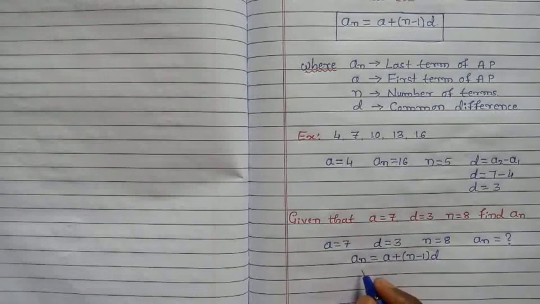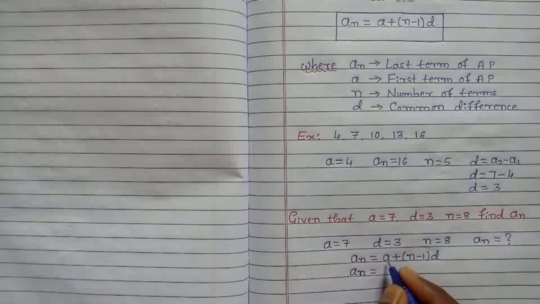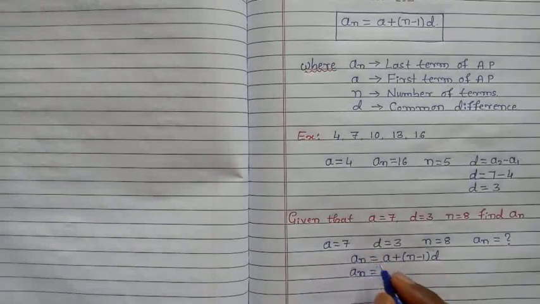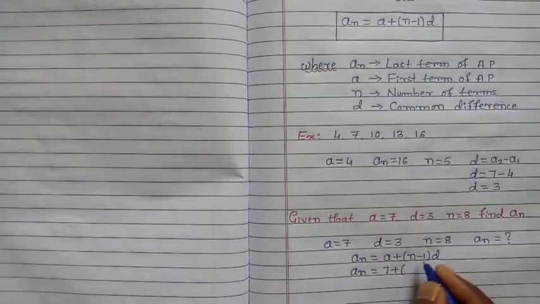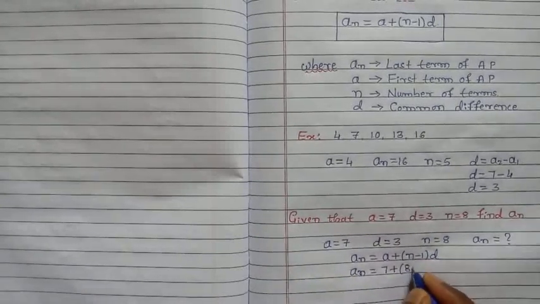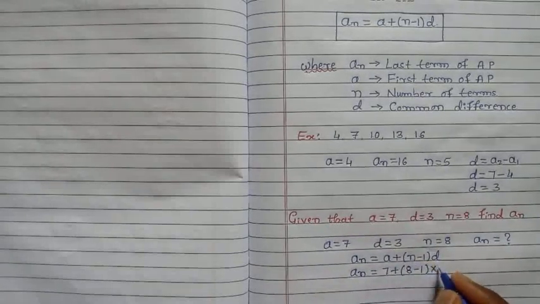We don't know the value of an. a is the first term, 7, plus (n - 1), that is 8 - 1, into d, which is 3.